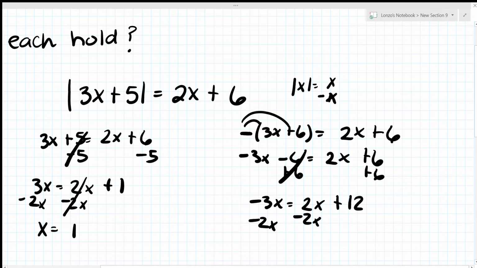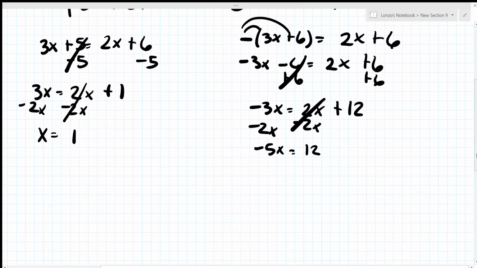What happens to the 2x? It cancels. So you're left with negative 5x equals 12. I will divide by negative 5, right? So x equals negative 12 over 5.